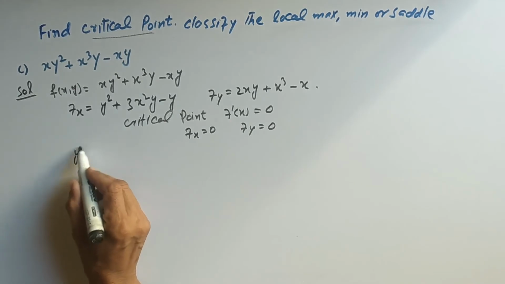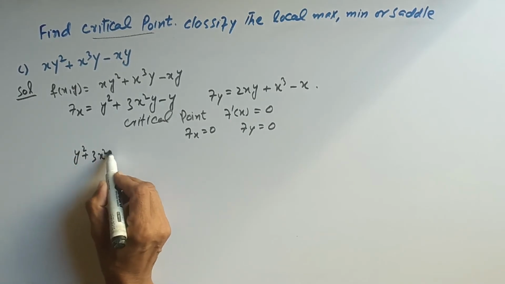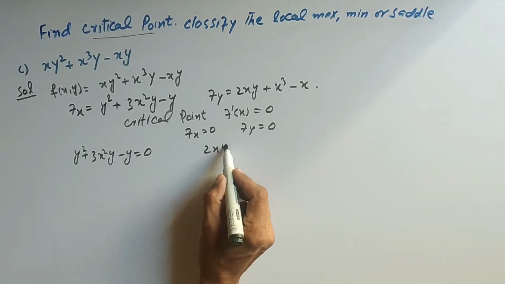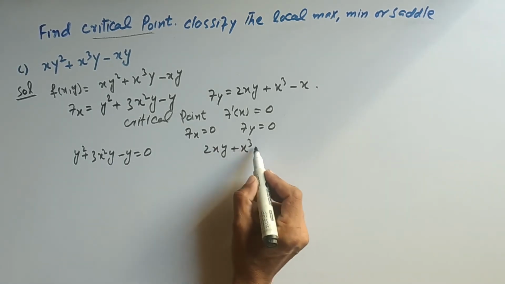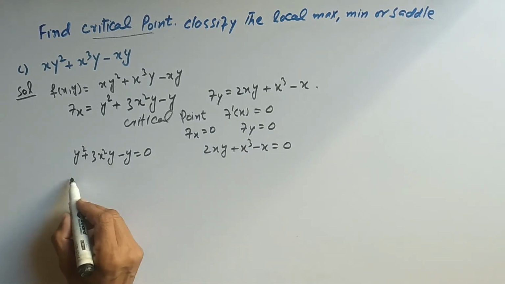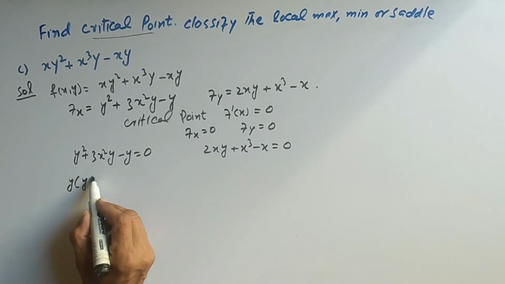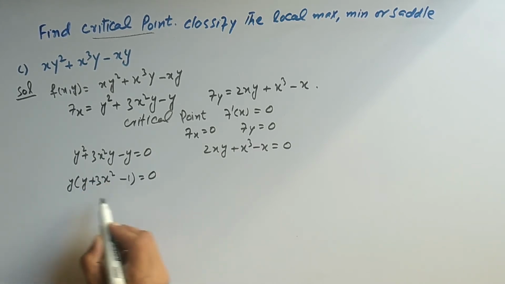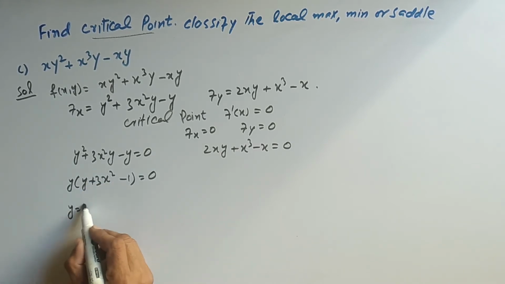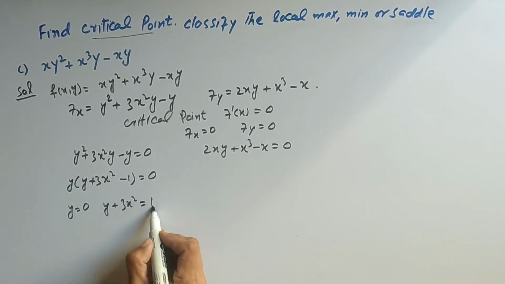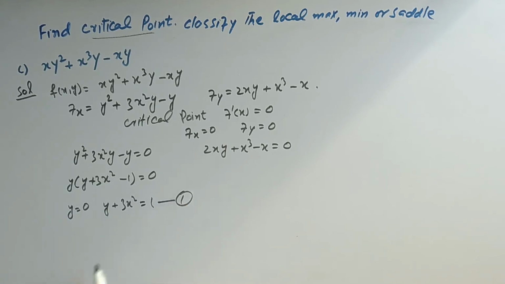So y square plus 3x square y minus y equals 0, and 2xy plus x cube minus x equals 0. We take the common y. So y times (y plus 3x square minus 1) equals 0. So we can say y equals 0 and 3x square plus y equals 1. This will be the first condition.